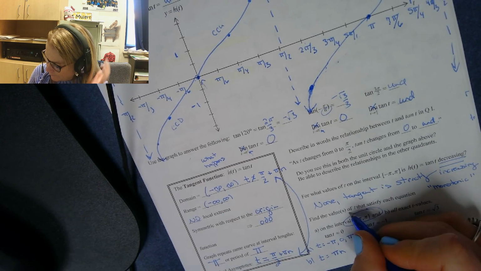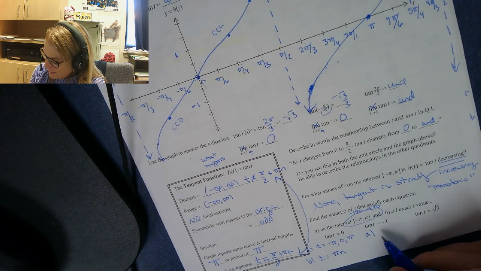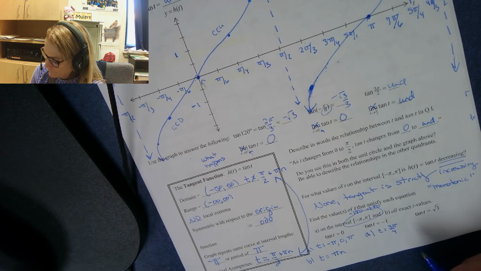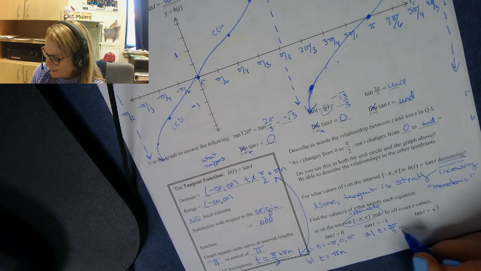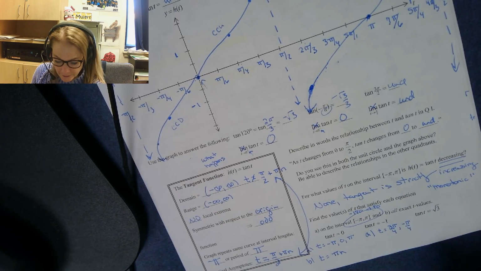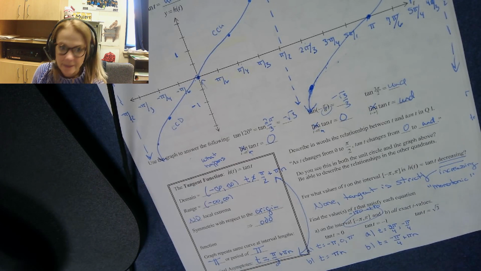Sometimes it's helpful to think of that as negative 180 to 180. So to get negative 1, that's going to be at 135 degrees. That also happens in quad 4, but I can't give 315 because that's not between those, so I have to go in the negative direction and say negative 45, and that lands in between. To cycle that, just take the smallest one and cycle it by the period of tangent, which is pi, and then n.